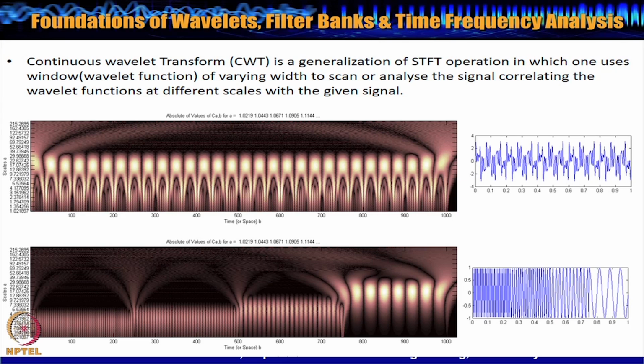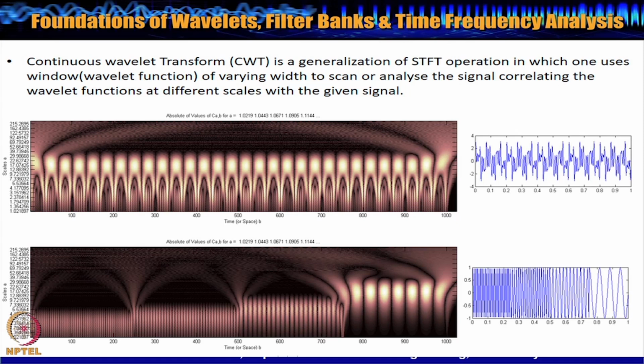If we go ahead and normalize and divide every point on the x-axis by 1000, you can obtain the time axis as 0 to 1 and you can read out the time information, whereas the y-axis is marked as the scale. Now, scale, as in the windowed Fourier transform, is here again an indication of the frequency components present in the signal, or the frequency components which are brought out by the CWT analysis.